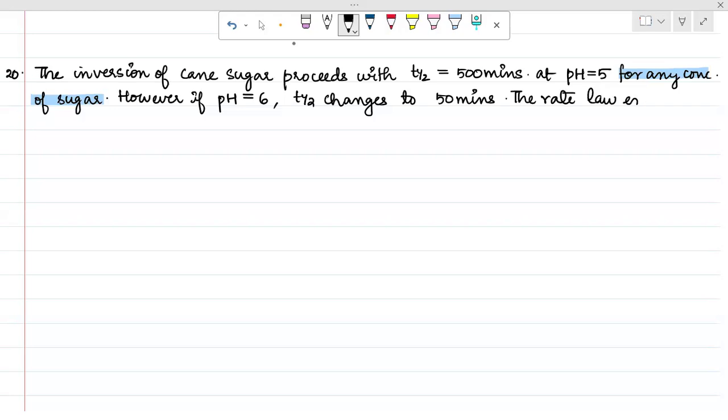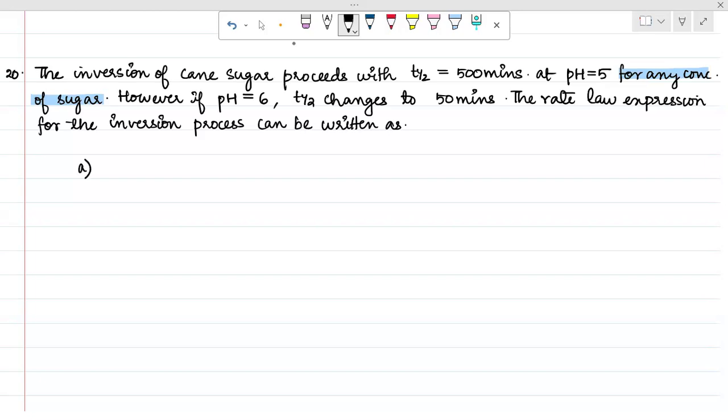The rate law expression for the inversion process can be written as, okay.